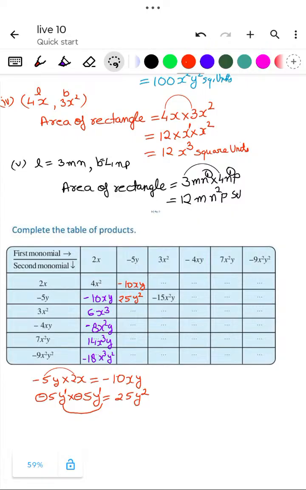So negative 5y into 3x square. So when we multiply negative 5 with 3, we will get minus 15 and y and x square. Or you can write it negative 15 x square y.